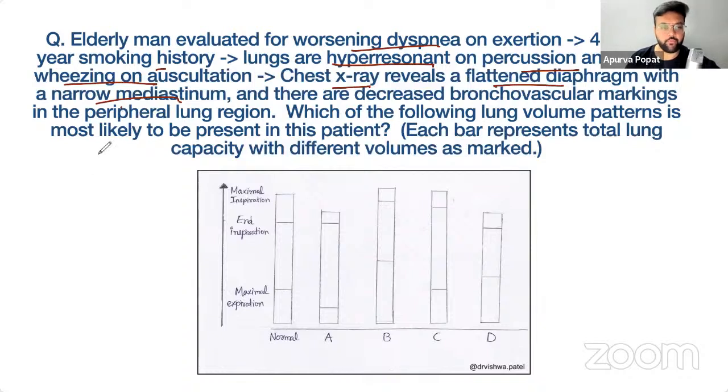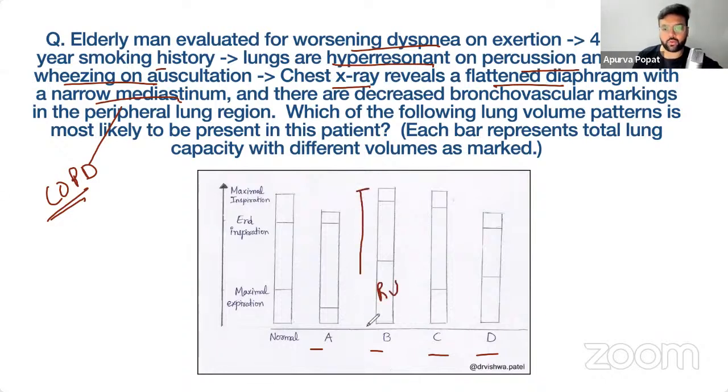COPD. Very good. This patient has COPD, and they are asking, in this COPD patient, which of the following pulmonary findings will you see? Lung volume pattern. Which one? B. Excellent. Why? Residual volume increases and total lung capacity also increases.